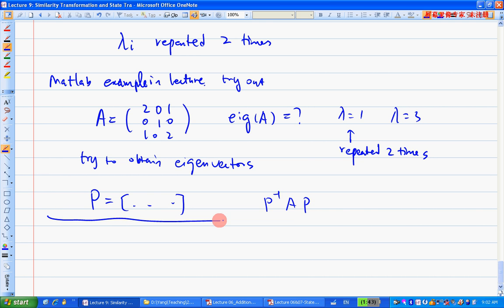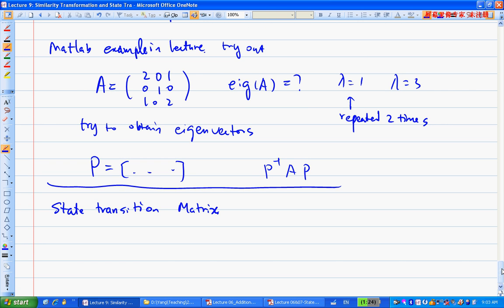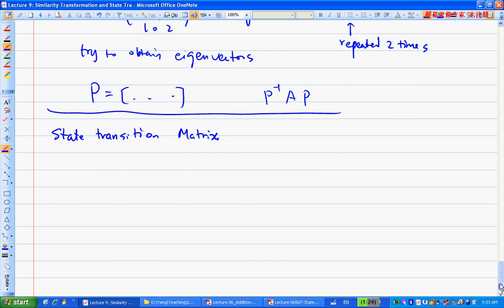So the last topic is the state transition matrix. What we're dealing with mostly is linear algebra concepts here, but they're not too bad.